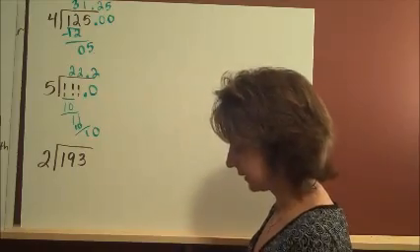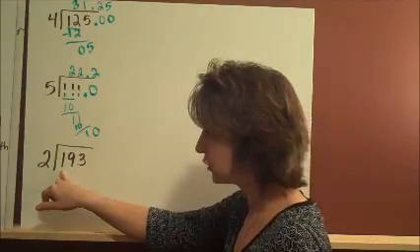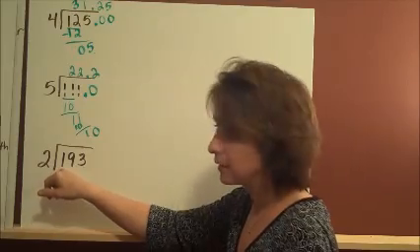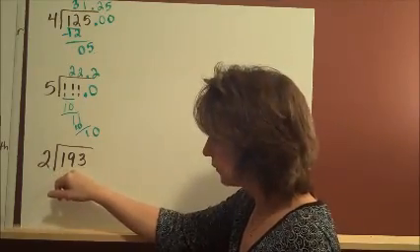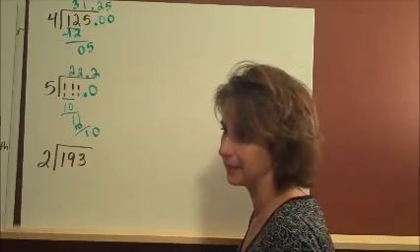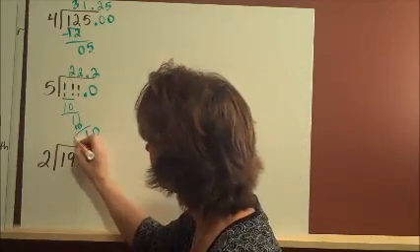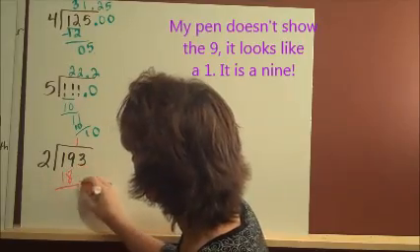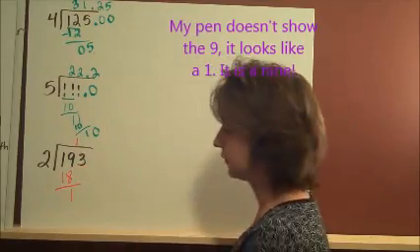All right, one last example here. 100 I cannot share with 2, so I will trade it for 10 tens. Combine it with the 9 tens I already have, and 19 tens is what I'm sharing. Each of them would get 9. That would cost me 18 tens, and I have 1 ten left over.